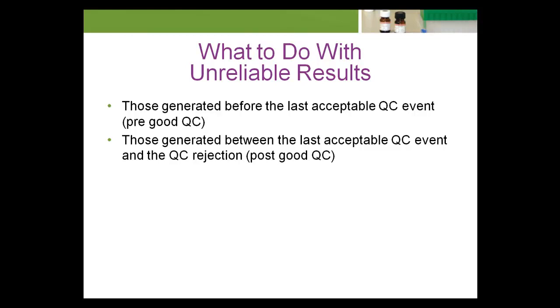Based on the TEA specification, test method performance, power of the QC rules employed, and the frequency of QC testing, the expected number of unreliable patient results pre- and post-good QC can be estimated for any possible size out-of-control condition.